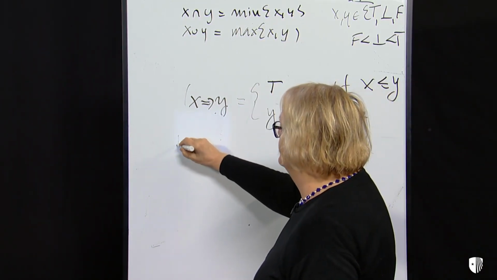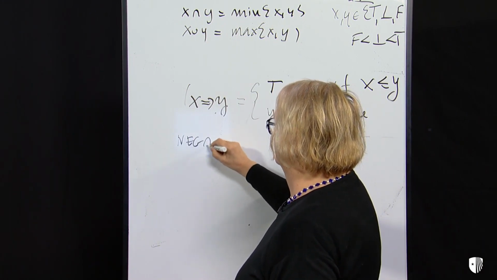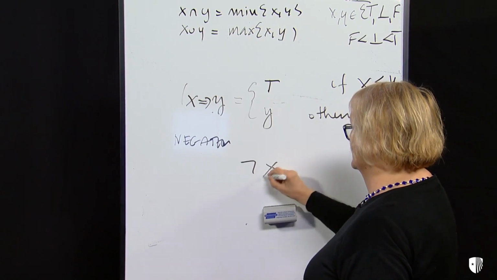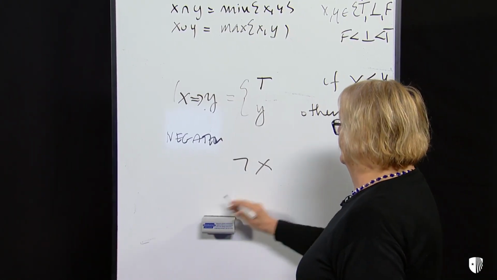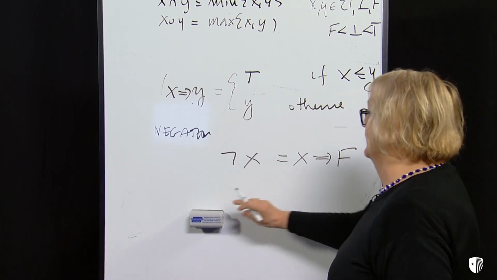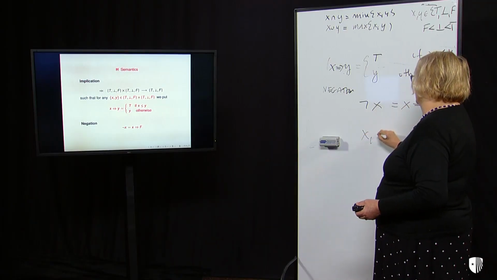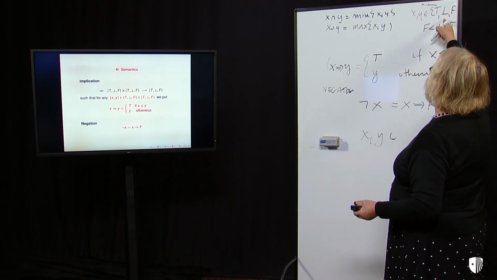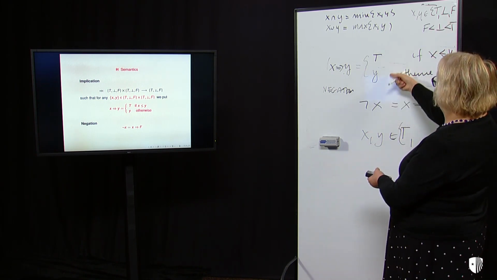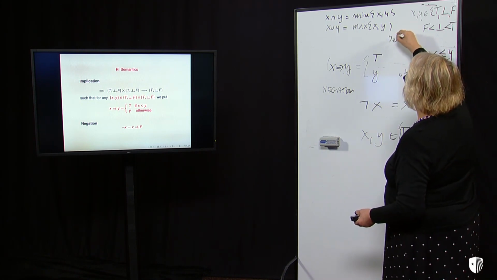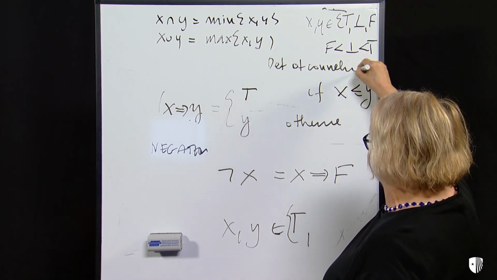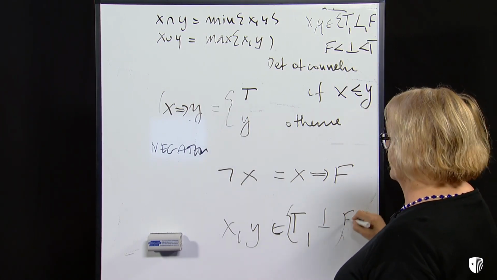And negation of X is X implies F. Of course, X and Y are elements of T, our logical values. This is our definition of connectives. T, unknown, F.